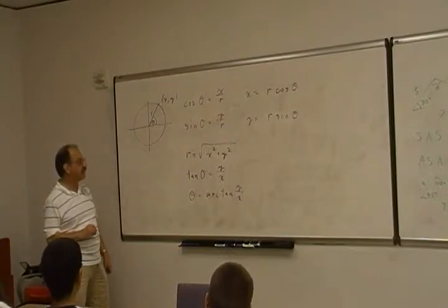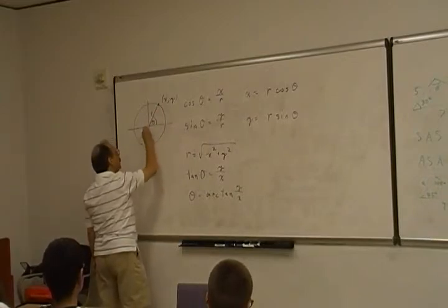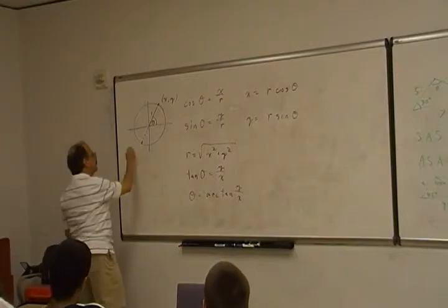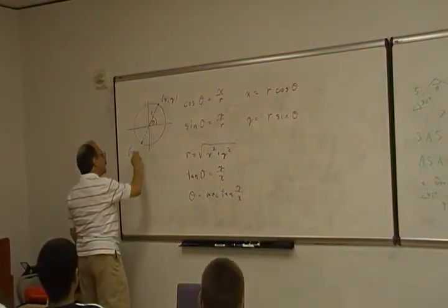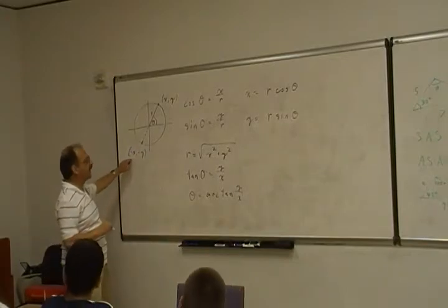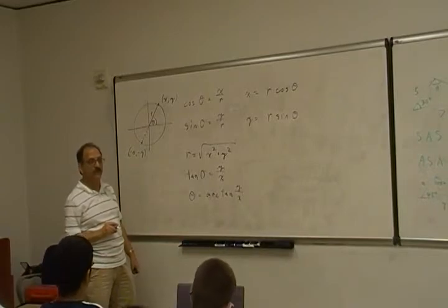There is a small technicality. This point and this diametrically opposed point, which has coordinates minus x, minus y, have the same y over x, and hence the same tangent.